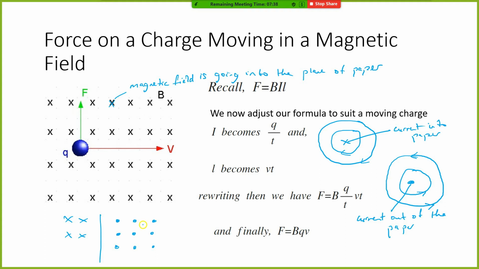If the current was going out of the paper with dots, would the arrows, like in the diagram you just showed, be going the other way around? Are you making reference to this diagram over here? No, I'm making reference to the diagram with the ball.